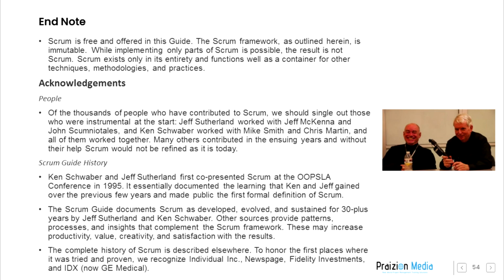Other sources provide patterns, processes, and insights that complement the Scrum framework. These may increase productivity, value, creativity, and satisfaction with the results. The complete history of Scrum is described elsewhere. To honor the first places where it was tried and proven, we recognize Individual Inc., Newspage, Fidelity Investments, and IDX, now GE Medical. Copyright 2020, Ken Schwaber and Jeff Sutherland.